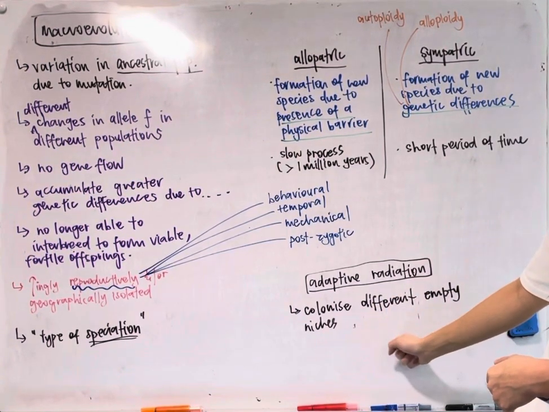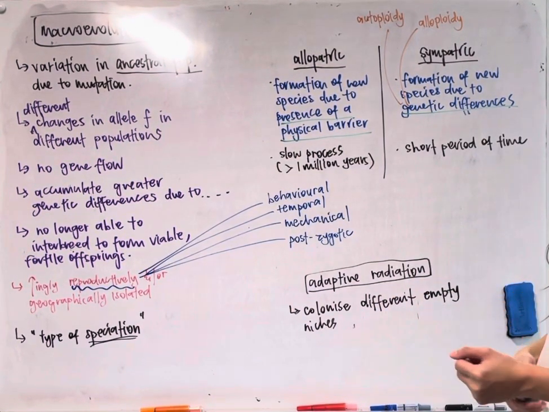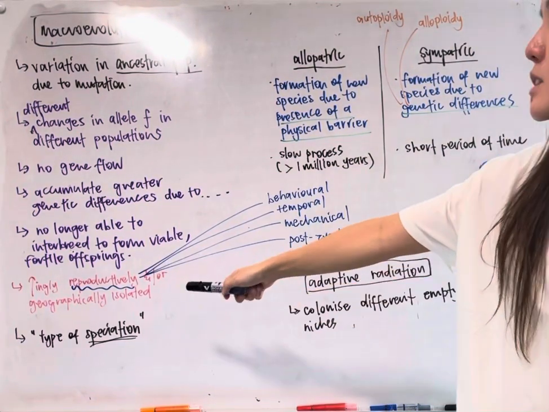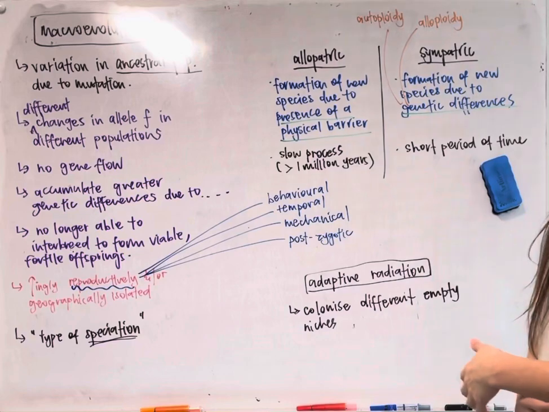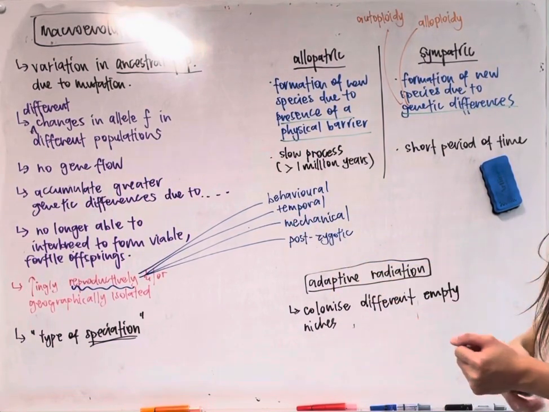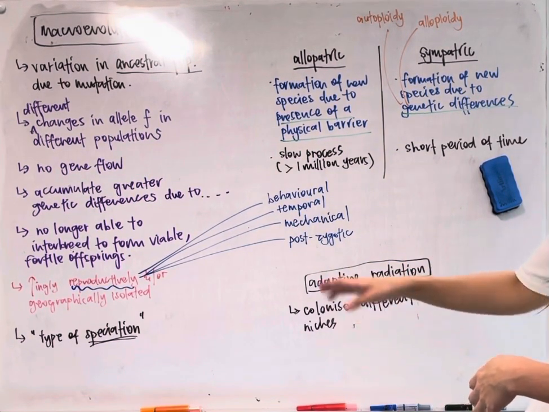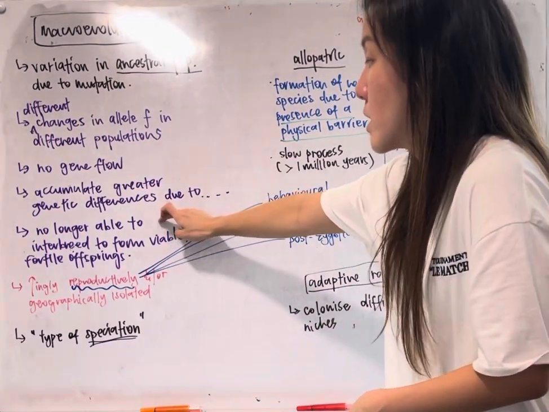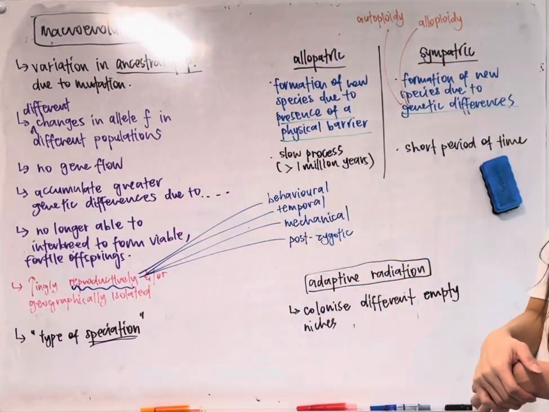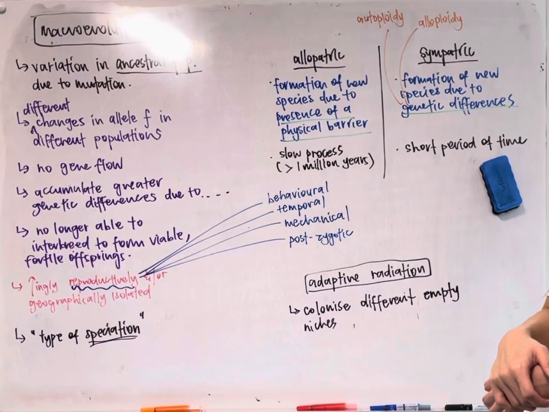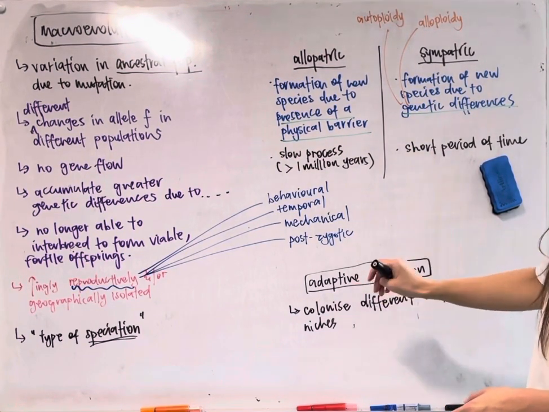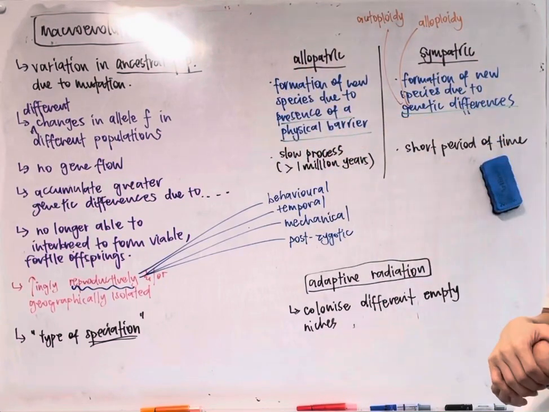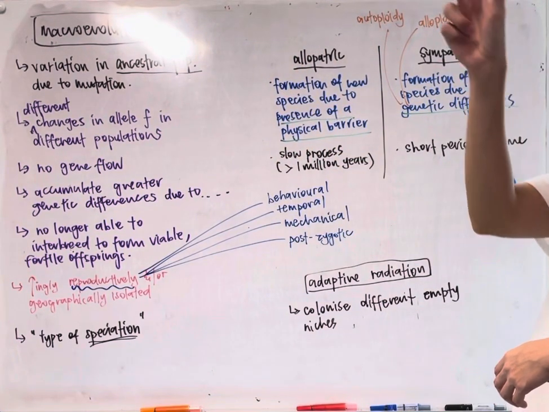Then for adaptive radiation, you usually need to specify how they are going to be different from each other. So you need to specify the reproductive isolation mechanism that makes them no longer able to interbreed to form viable fertile offspring. Understand? I'm just trying to showcase adaptive radiation. The way you phrase these answers, they are all very similar to each other. You just need to know how to tweak and when to tweak.